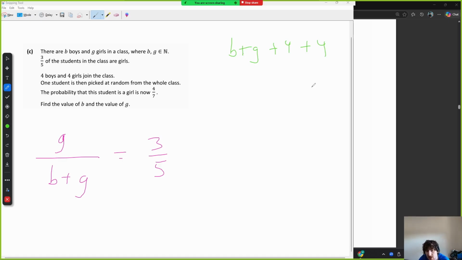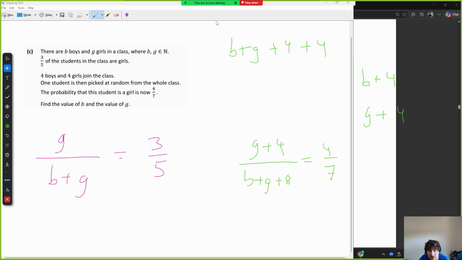The number of boys is B plus 4, and the number of girls is G plus 4. So the chance of picking a girl out of this new classroom is G plus 4 divided by the total number of students, B plus G plus 8, and that's equal to 4/7.